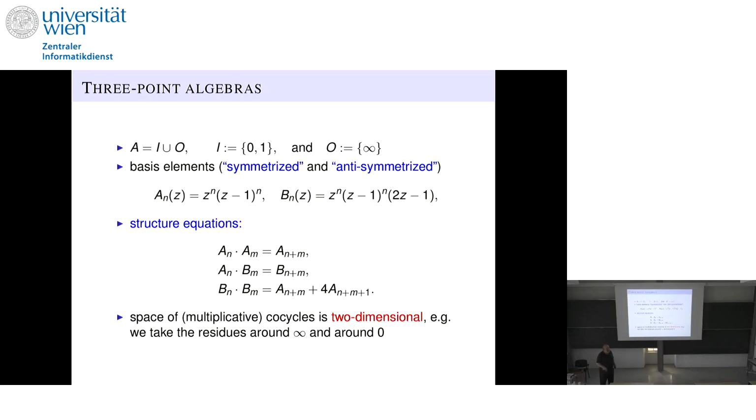But you might want to say, why don't you take the infinity and the 1, or the 0 in this case, to be the incoming points and the other one the outgoing point? This is a choice. It is a reasonable choice. For the genus 0 3-point situation, we have 3 different splittings.